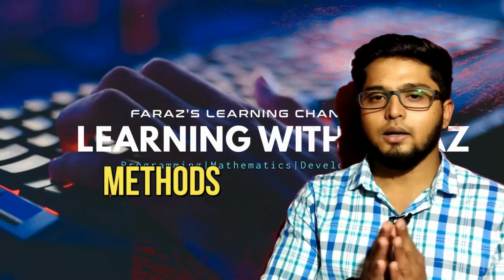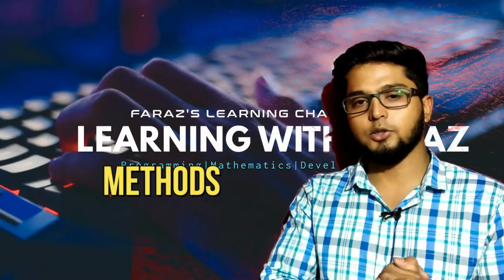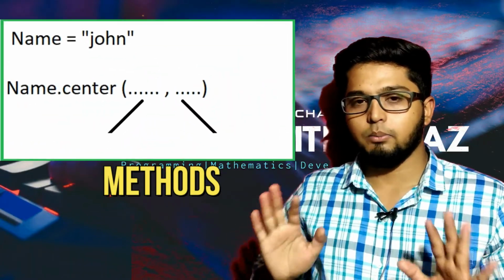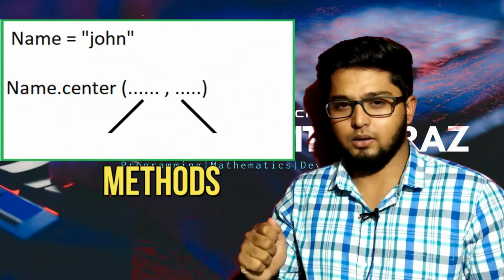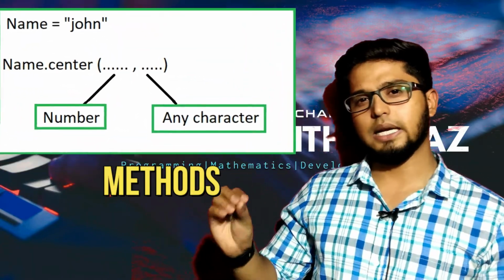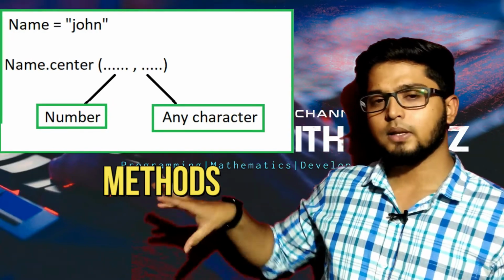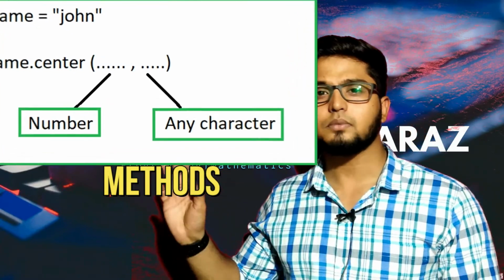Now this center method, as its name indicates, is going to center your string, but it takes two parameters. Be very clear here. The first parameter is a number, the second parameter is a character.